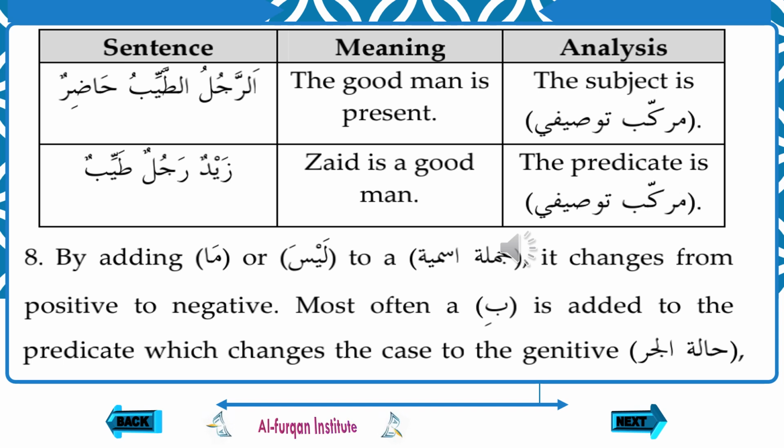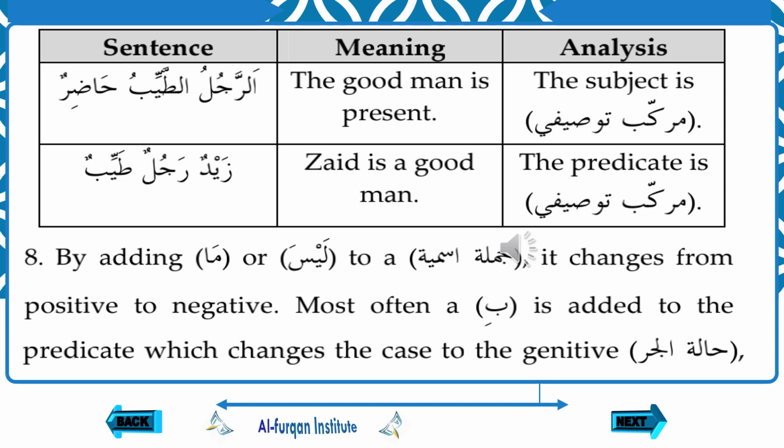So our note number 8 says that by adding ma or laysa to a jumla ismiya, it changes from positive to negative. Although most often ba with kasra is added to the predicate, which changes the case to the genitive, that is, hala to the jar.